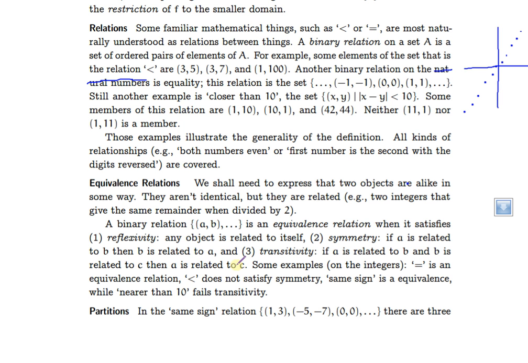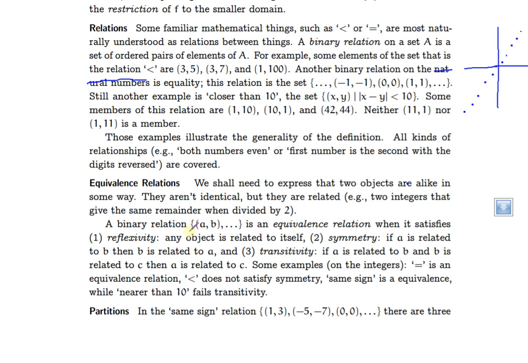Now, another example of an equivalence relation would be this one here, the equivalence relation on integers. Two integers are equivalent if they give the same remainder when divided by 2. So that's my new relation. It's a relation on the integers such that two integers give the same remainder when divided by 2.